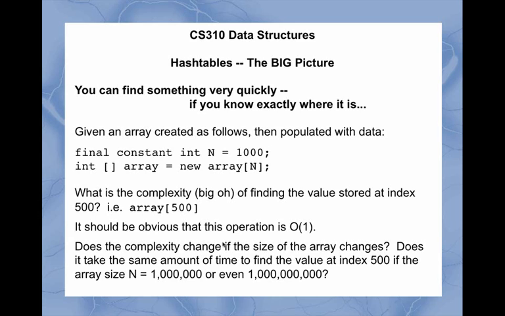So the question then becomes, does it take the same amount of time to find the element at index 500 if the array is size 1000, or size 1 million, or even size 1 billion? And the reality is it takes the same amount of time to fetch the value at index 500 for all three of these array sizes.